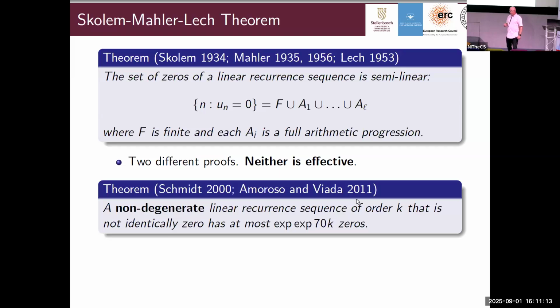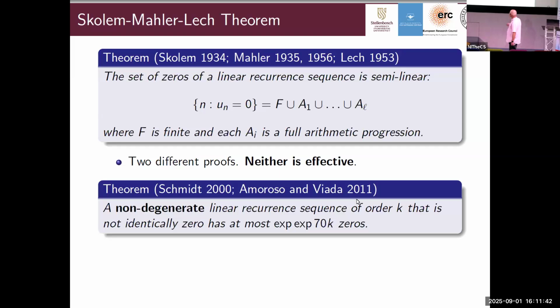So if a sequence can be sliced in that way, there is a very concrete mathematical terminology for that. It's called non-degenerate, but I'm not going to bore you with the details. But the important thing now is that you can reduce your study to these non-degenerate sequences. And for the non-degenerate sequences, strange enough, we don't know how to compute the zeros, but we know that there are not too many of them.